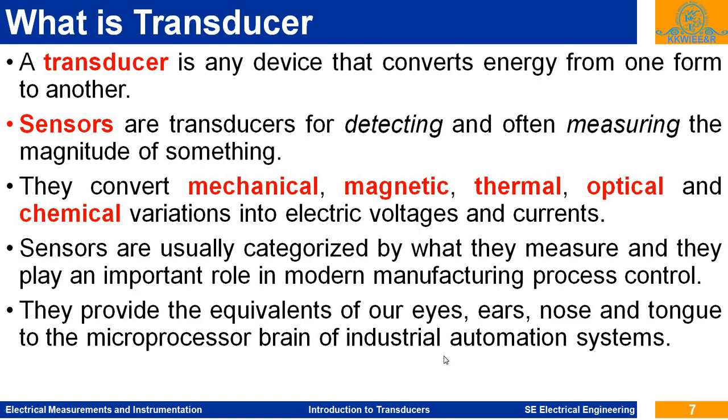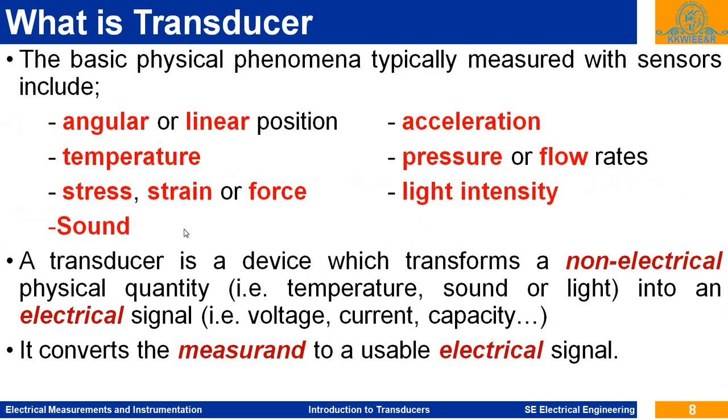So these sensors will sense these parameters, convert them into electrical signals, and send them to the processor, and based on the program algorithm set into the processor, the system works in automation format, in the closed loop system. So these are the functions of the transducer.